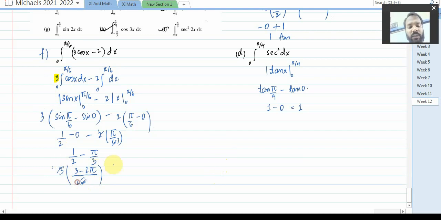So the final answer is 3 over 2 minus 2 pi over 2. And this 3 is only multiplied with the first part, so that will be 3 over 2 minus pi over 3, and that is your final answer.